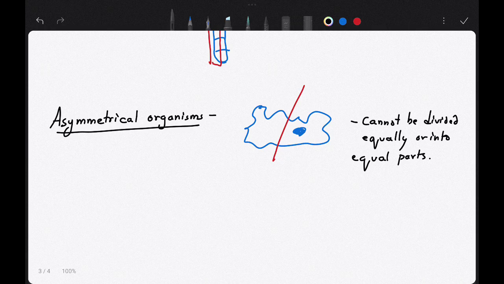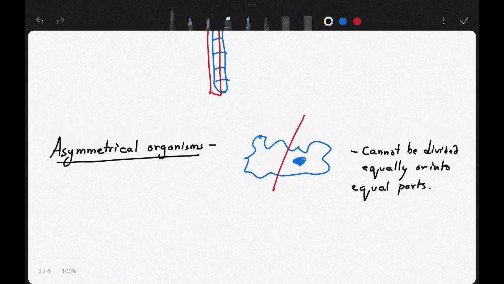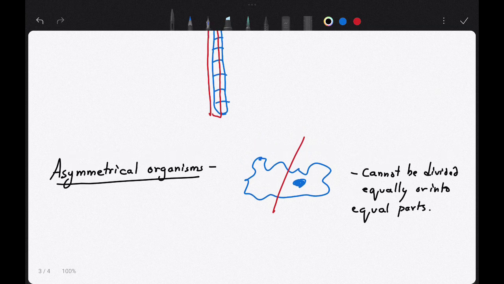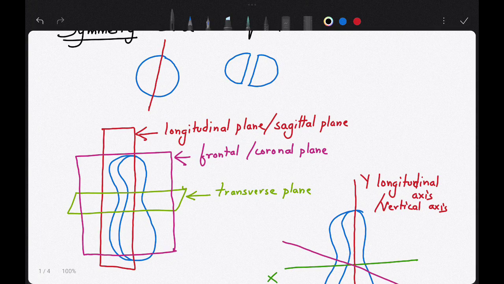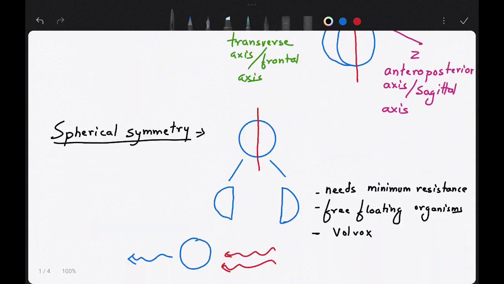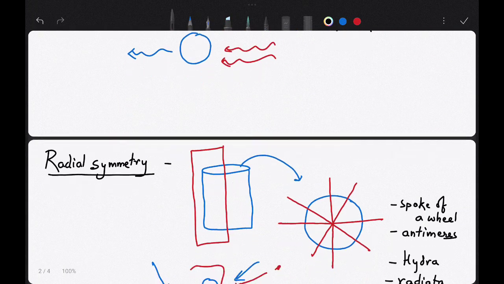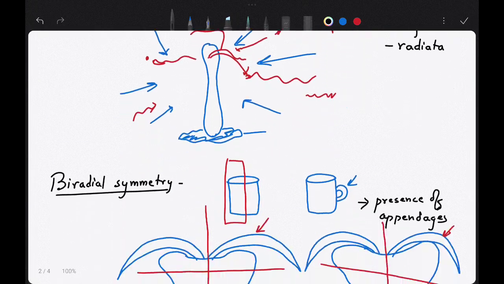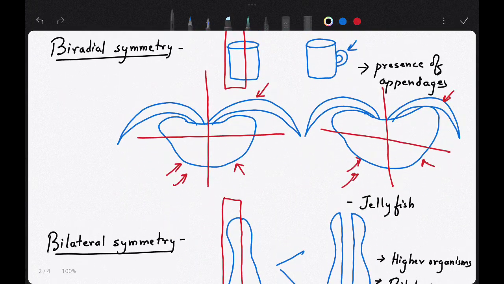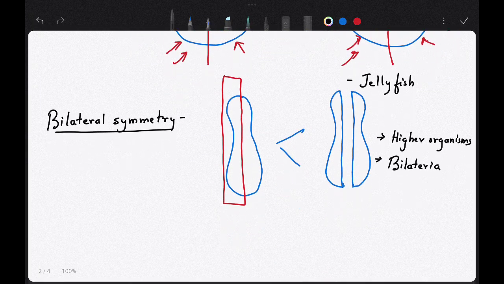So we have studied today about different types of symmetry. Let us revise. Spherical symmetry in volvox, radial symmetry in hydra, biradial symmetry in jellyfish, bilateral symmetry in higher organisms like earthworm; humans can be divided bilaterally.